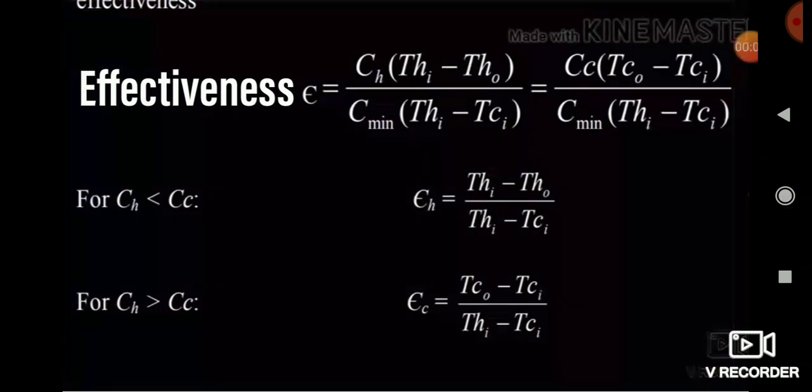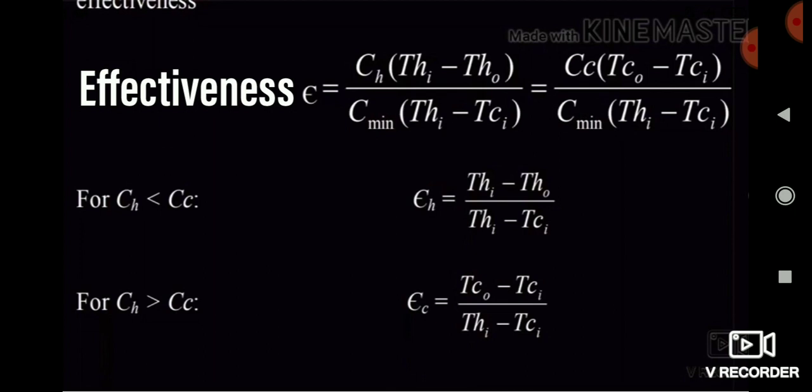Friends, remember that whichever value is less, meaning whether CH is less or CC is less, whichever value is minimum, you put it in the denominator and the other value you put in the numerator.